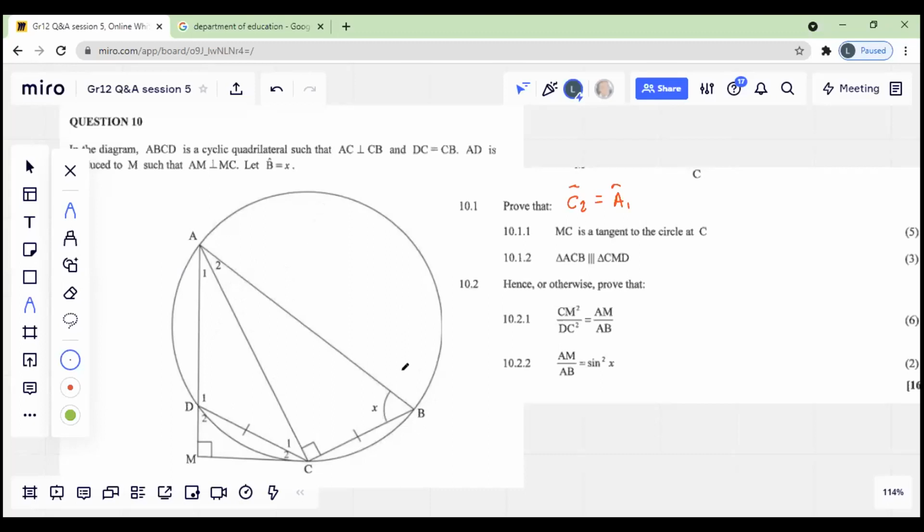So angle A1 equals angle A2. Angle A2 is going to be equal to 90 minus x, because of angle sum in a triangle. And angle A1 will be equal to angle A2, which will be equal to 90 minus x, because equal chords subtend equal angles.